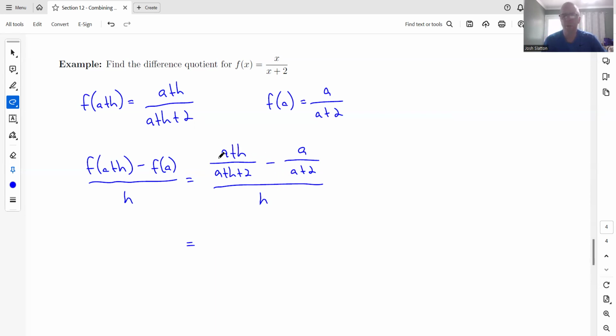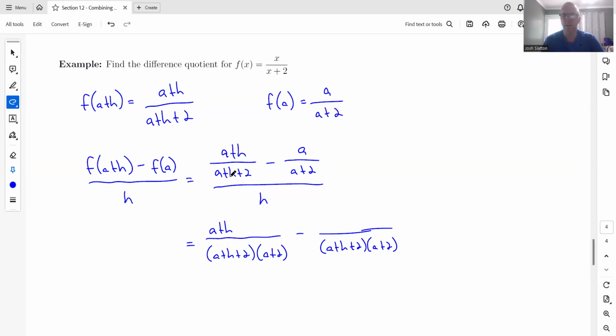So we need to multiply this one. Well, normally the way I teach this, let's write our common denominator here. There is going to be our first term, and then here is going to be our second term with the same denominator. And so we have a plus h over here, and we added in an a plus 2 in this denominator.